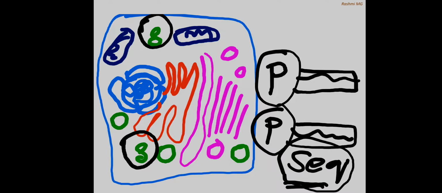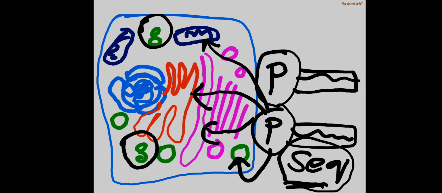There is a sequence for protein to which the protein should be transferred to the lysosome. There is a sequence for Golgi. There is a sequence for endoplasmic reticulum. There is a sequence for mitochondria also. There is a sequence for cytosol also.